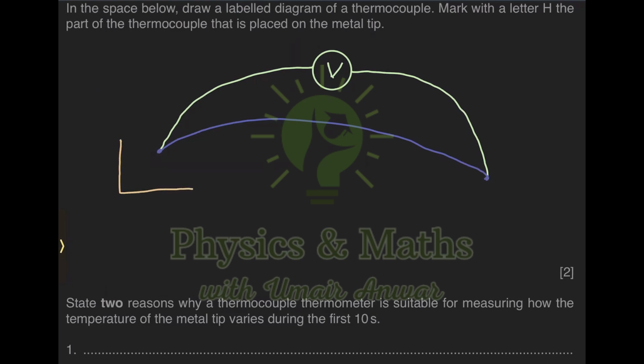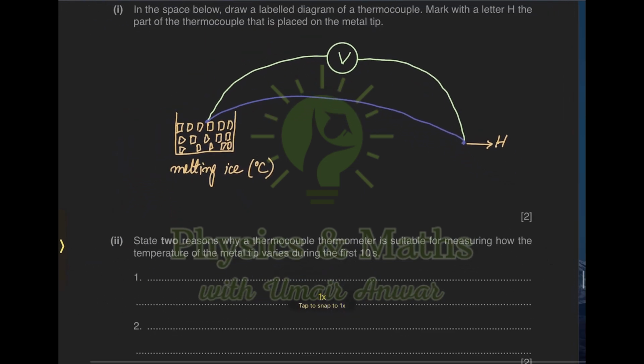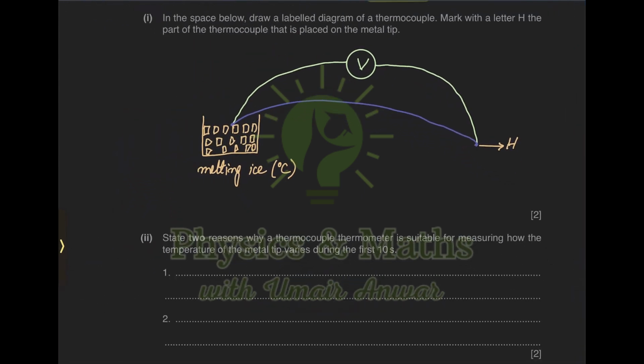Then the first junction is placed in a beaker of melting ice, so that on the one end of the junction of wires we know a fixed and lower temperature. So this is a beaker which contains melting ice at 0 degree centigrade, and here at the other end we are going to place this junction on the metal tip, for which we are going to note down the temperature.